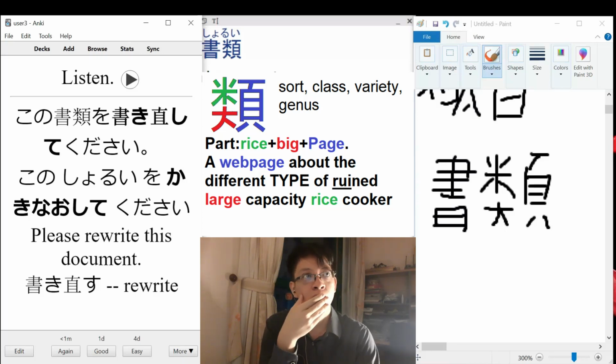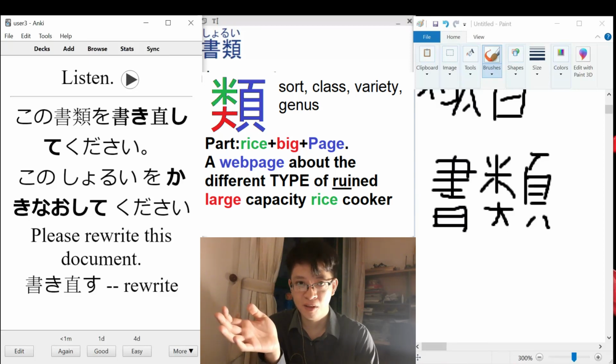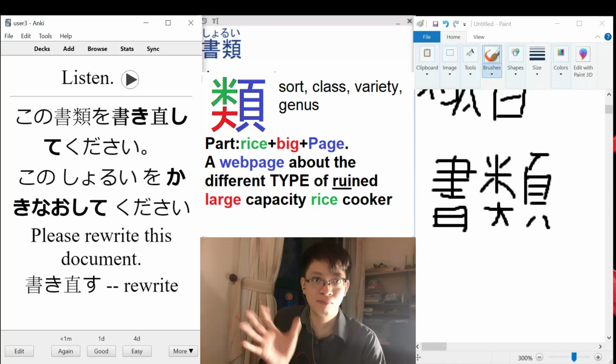But that is wrong. It's more likely that the first search result will be which country is the biggest rice producer or exporter. So I tried a few times, and the closest I got in the search is the different types of rice cooker and their capacity. That's why the mnemonic is that way.